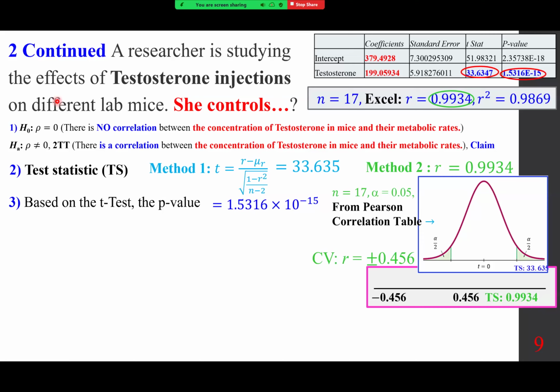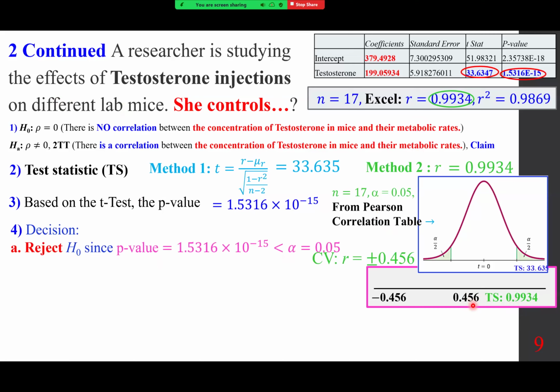So whether we go with the t-test or the R using the Pearson correlation table, we have the same decision, which says reject H0, since the p-value is less than alpha of 0.05, or if you go with this method, since R is much larger than the critical value 0.456 of the Pearson correlation table.